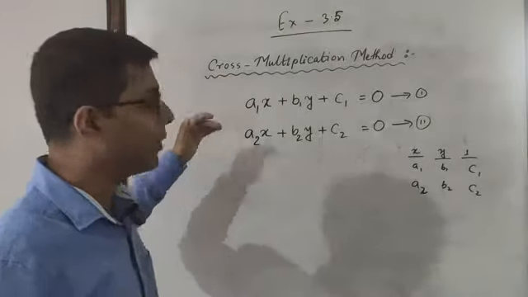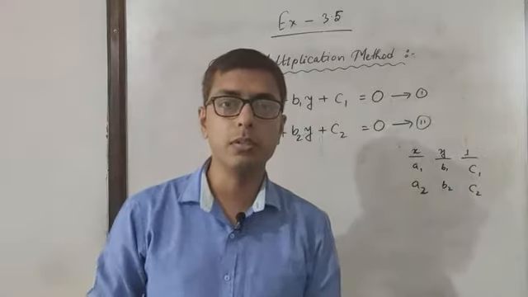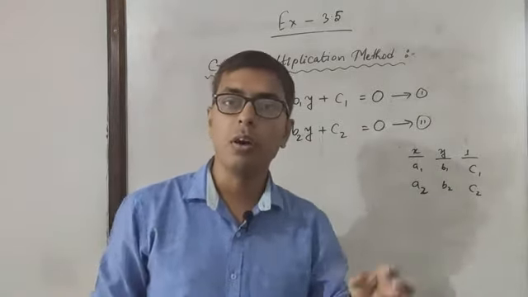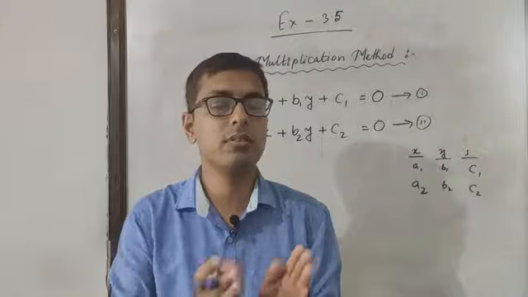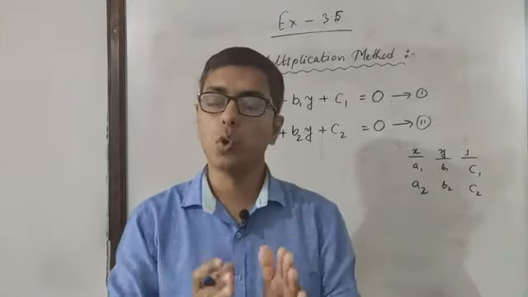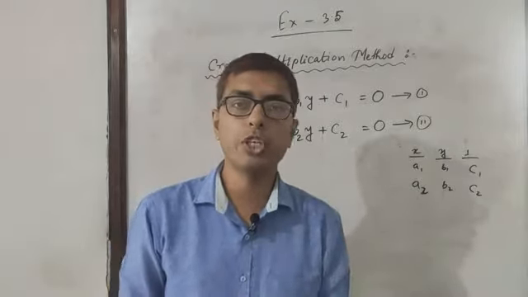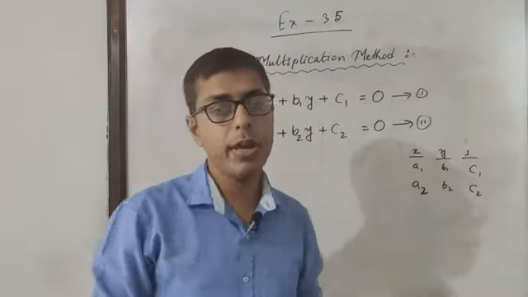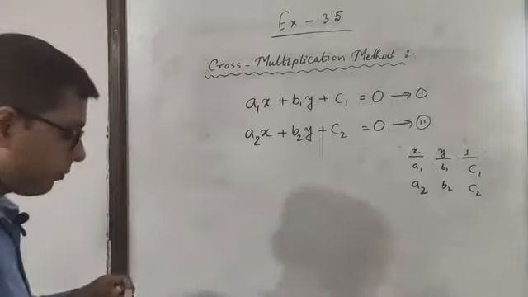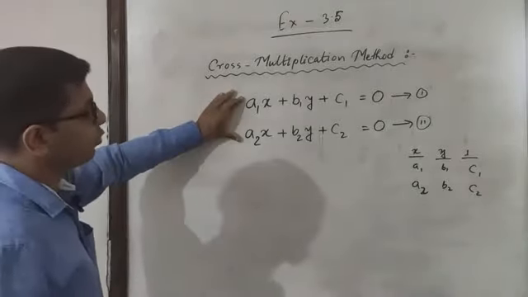Solving a pair of linear equations in two variables means getting the values of x and y, that means the values of the variables for which the equations are satisfied. Now, how to solve?